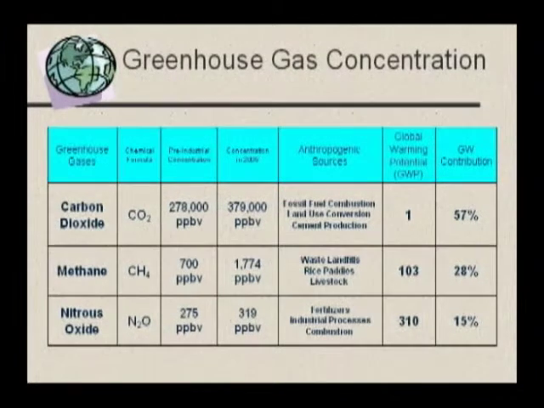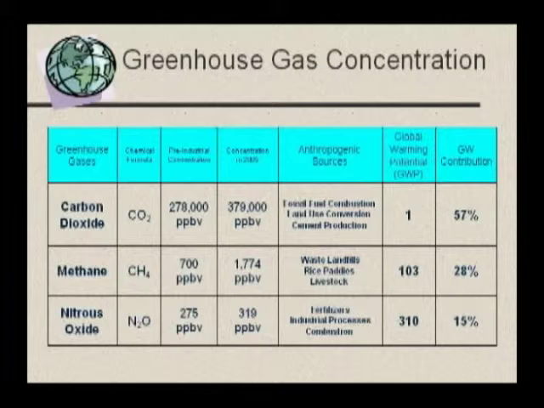These are the three main greenhouse gases that people are concerned about: carbon dioxide, methane, and nitrogen oxide. The second column is just their chemical designation. The third column is the parts per billion in volume.